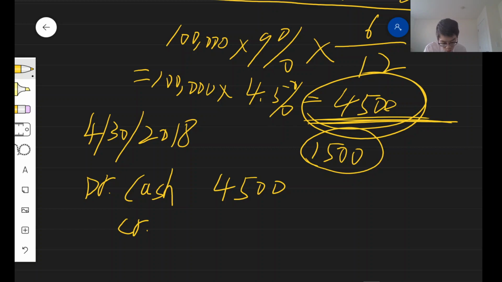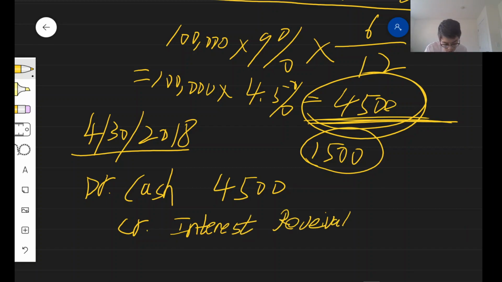So since we are receiving that $1,500 now on April 30th, 2018, we are going to reduce interest receivable by $1,500.